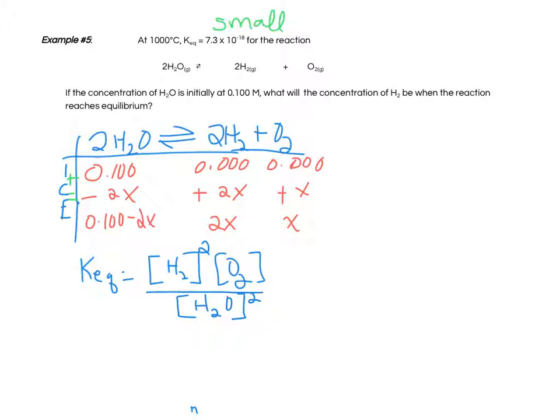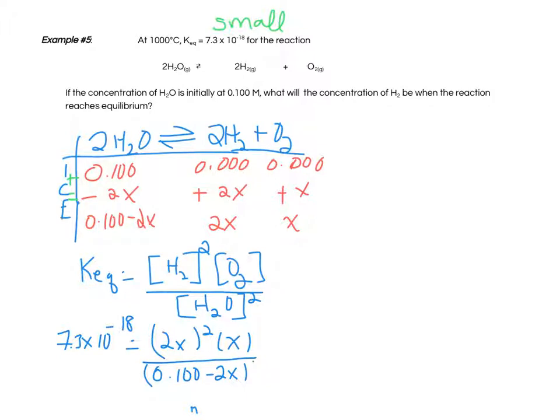So there we are. But I know K. I know the K value is 7.3 times 10 to the negative 18. So I'm going to substitute that in. I also have some expressions for each of my products and reactants present at equilibrium. So I have 2x all squared and then times x divided by 0.100 minus 2x all squared.